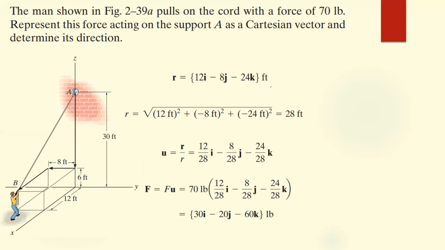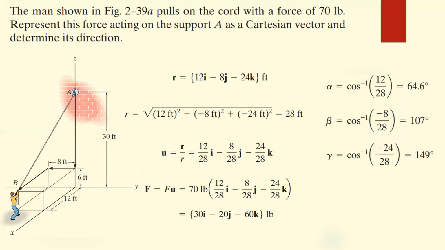After that, you take the unit vector and find its cosine angles to find the direction of this cable shown in the diagram. To find the direction of this cable in the X, Y, and Z axis, simply take the direction cosine angles of the unit vector.